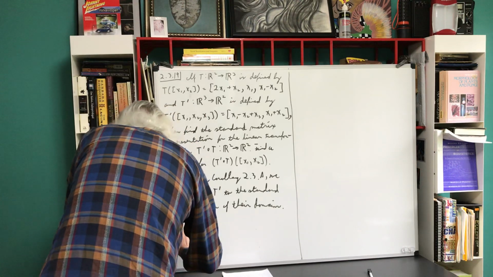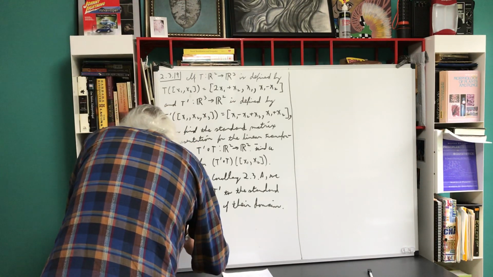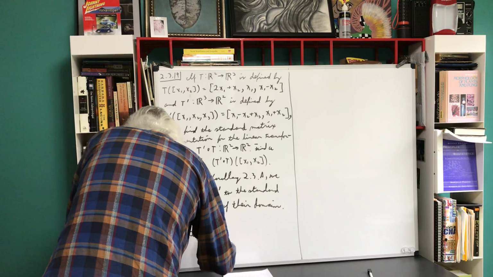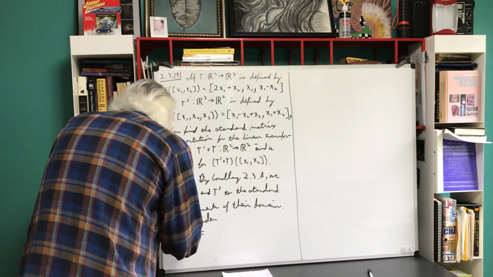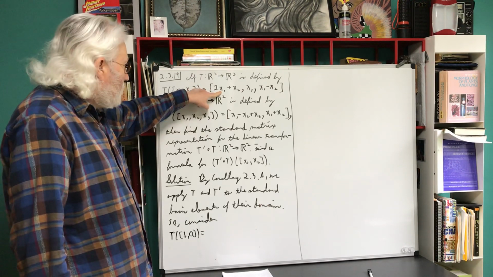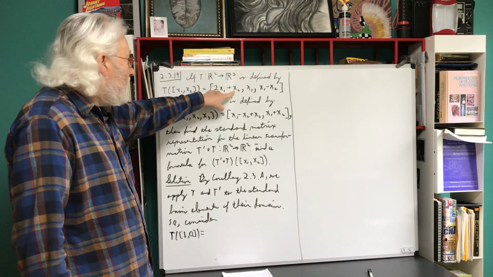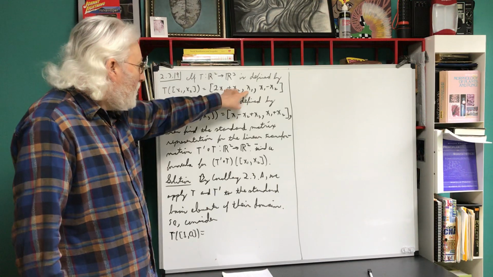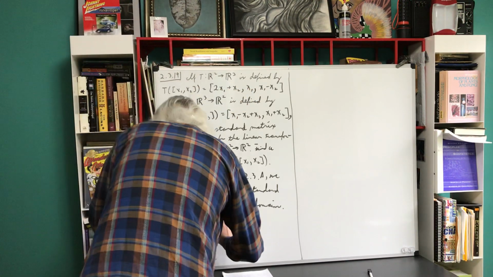We'll apply T to the vector 1, 0. Given the formula here, the input x sub 1 is 1 and the input x sub 2 is 0, which will give us 2, 1, 1 as output.